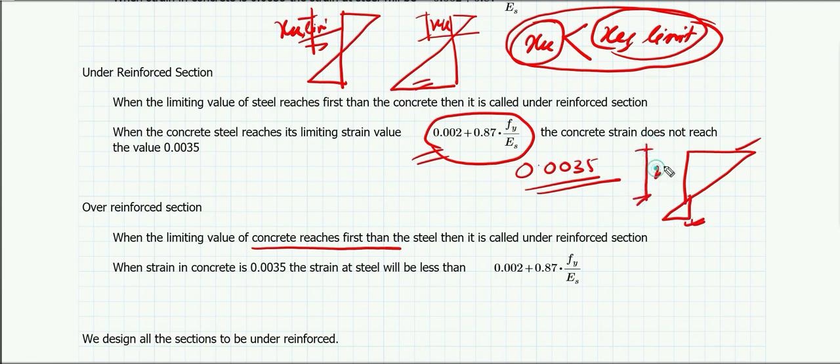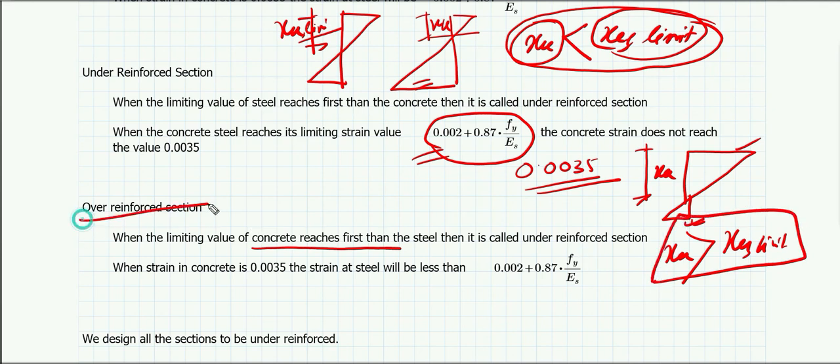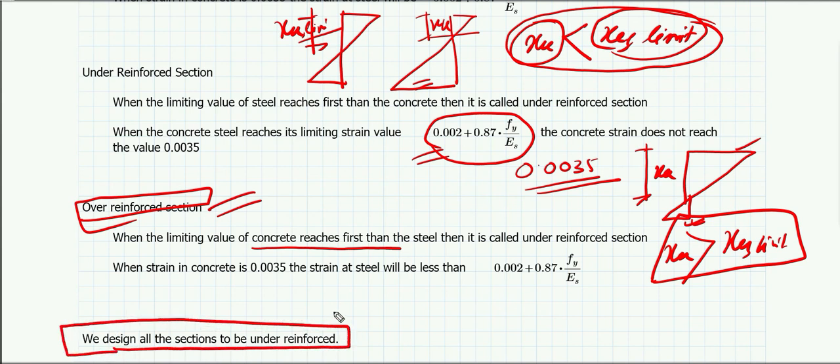In that case, XU will be more than XU limit. So this is for an over reinforced section, and while designing we always consider an under reinforced section because we want our structure to fail by yielding of steel, not by crushing of concrete.